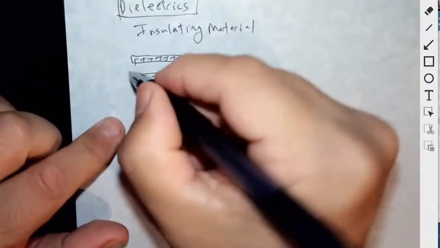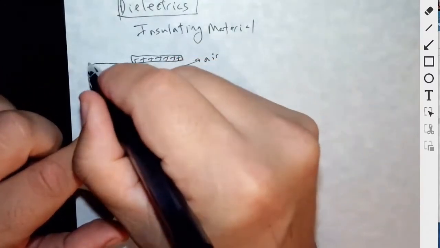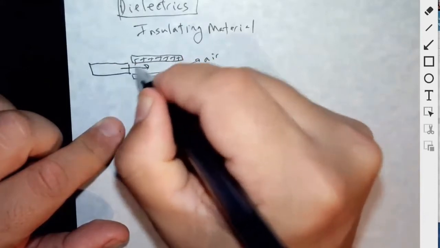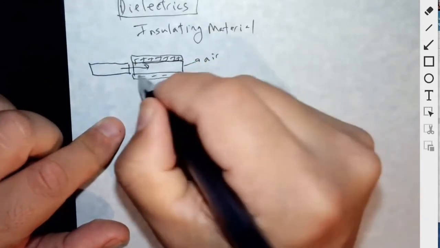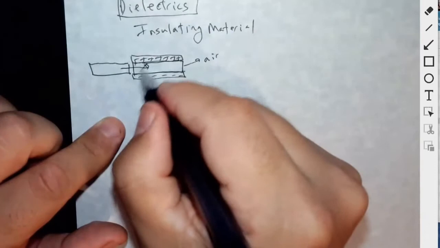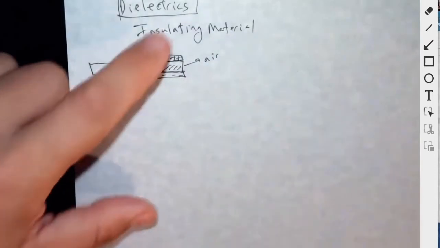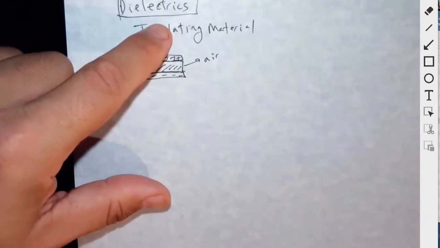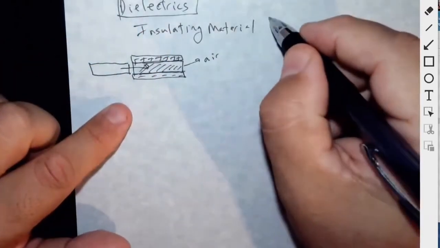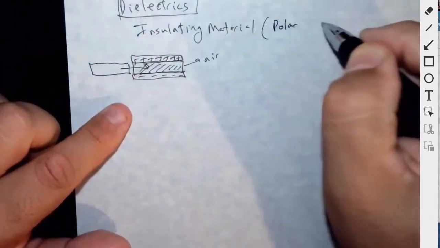So usually what we do is we slide in some kind of dielectric in there. And that dielectric is an insulating material which is polar. So, polar insulating material.